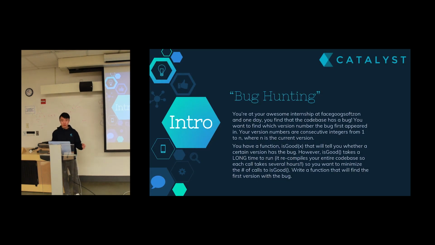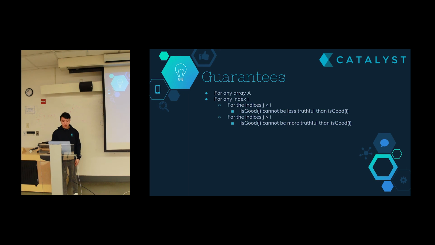So the first one that we did was called bug hunting. And that was where we had to find, I think it was the first version, the first bad version of the software. So what are our guarantees there, right? For all of the indices that are to the left of I, if I was false, everything to the left of it has to be false too.